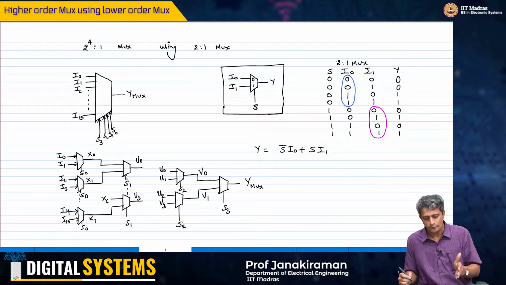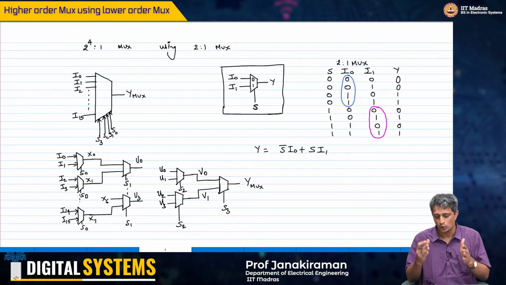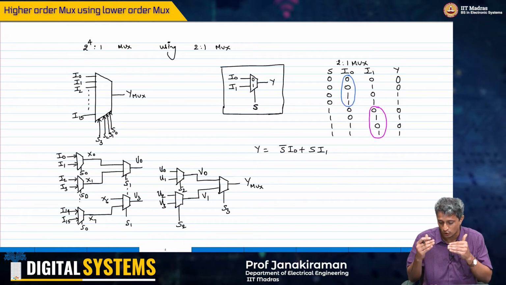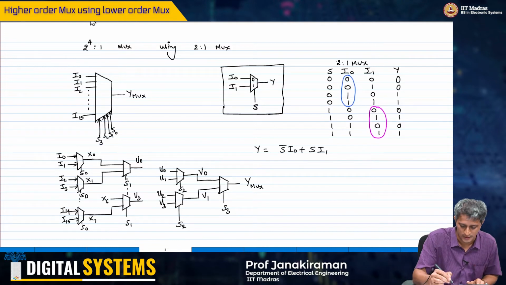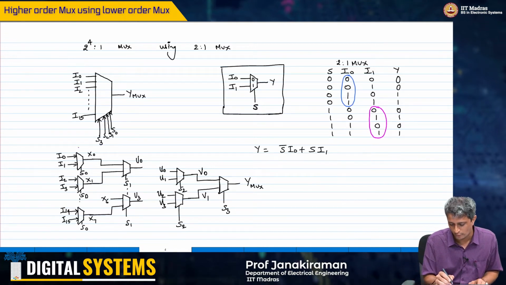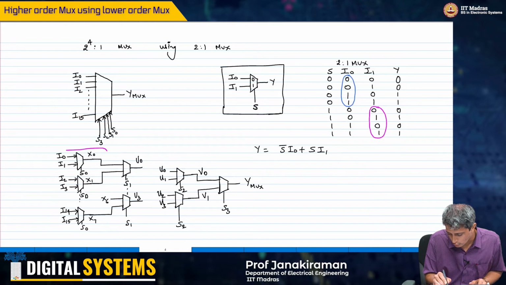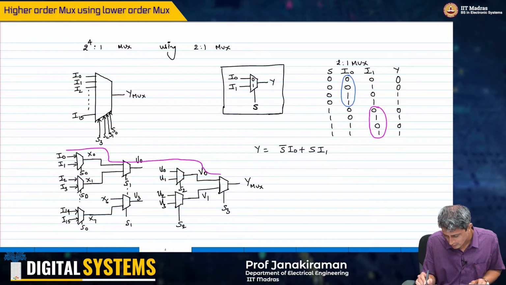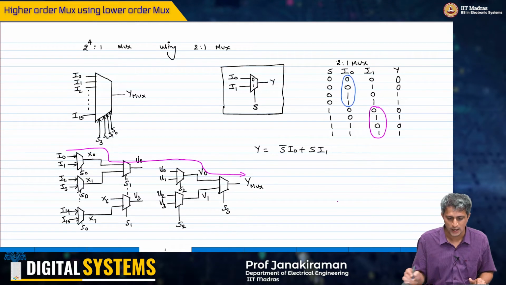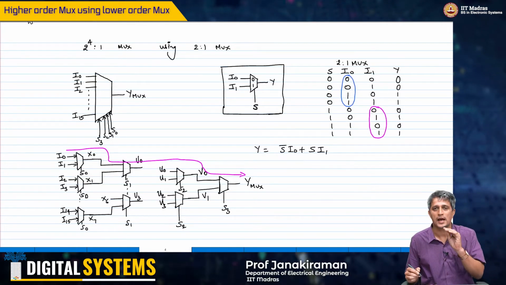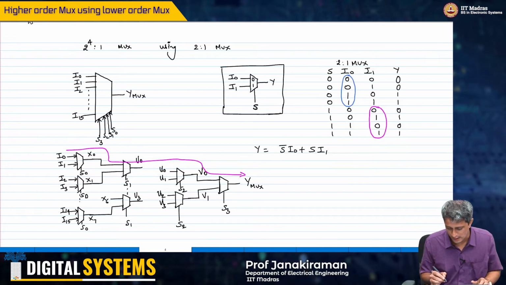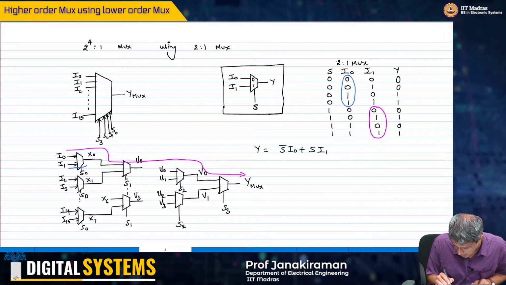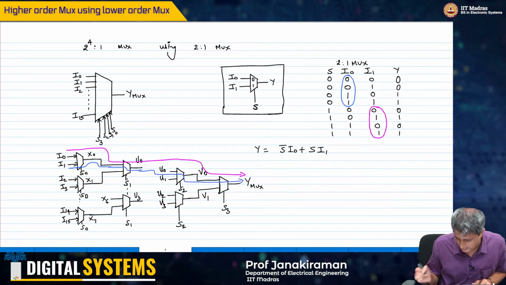If the select line happens to be 0, 0, 0, 0, then the input I0 will flow through this path. On the other hand, if the select line happens to be 0, 0, 0, 1, that is S0 alone is 1, then I1 will flow through the multiplexer in this path.